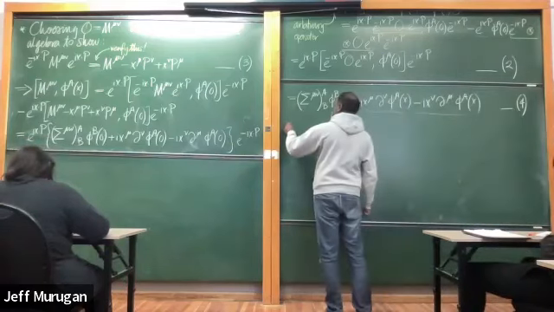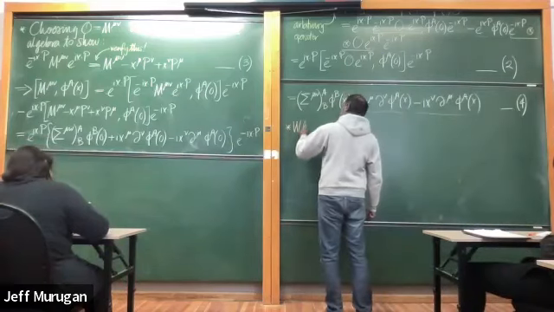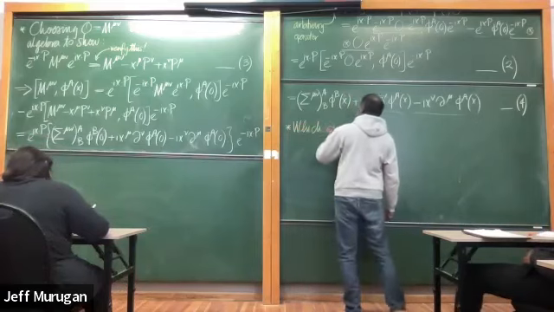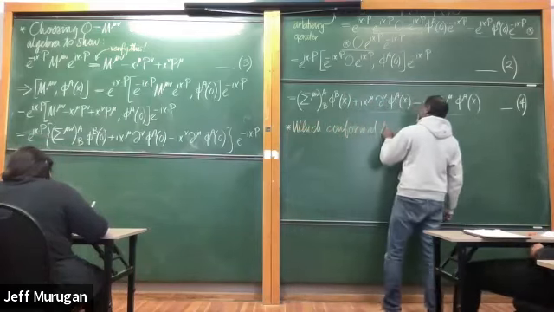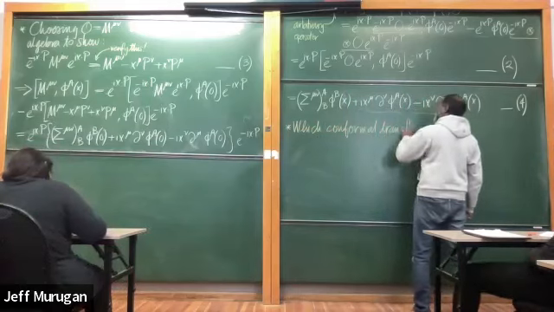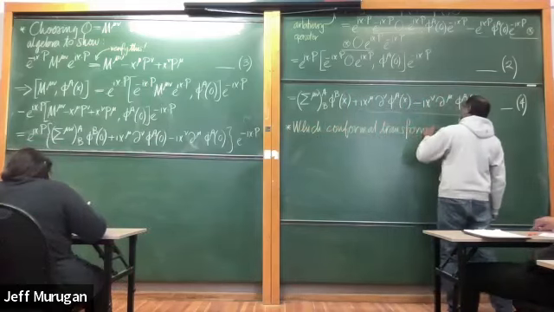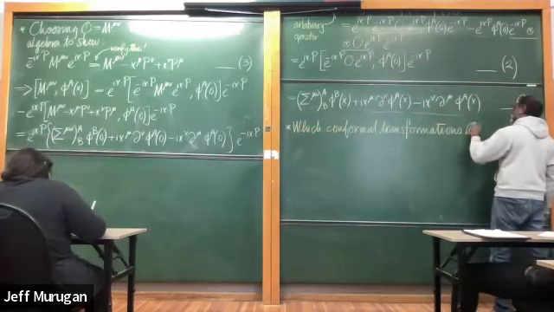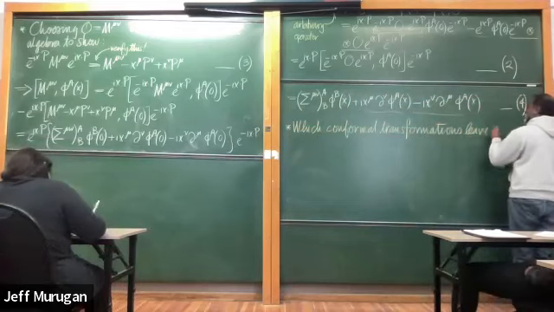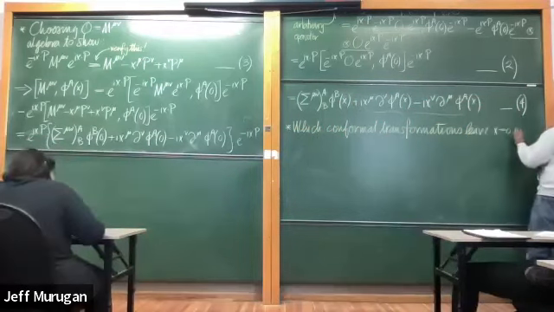So, which conformal transformations leave the origin invariant?